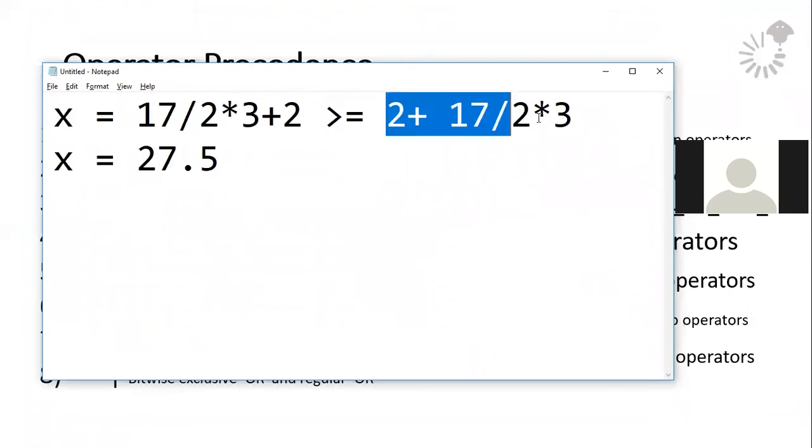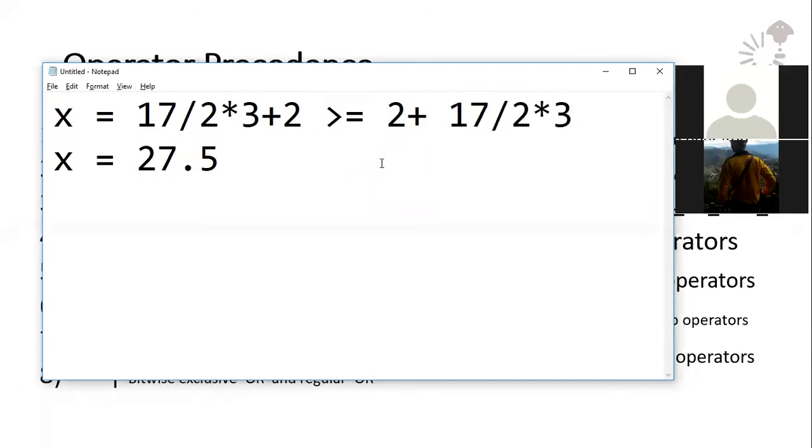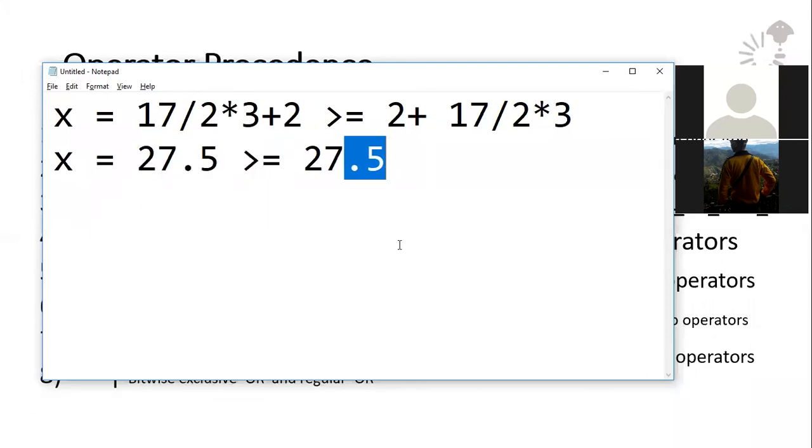If we solve this one, 17 divided by 2 multiplied by 3 plus 2, same lang with this. This is 27.5. So 27.5 greater than or equal to 27.5, true or false? That is true.